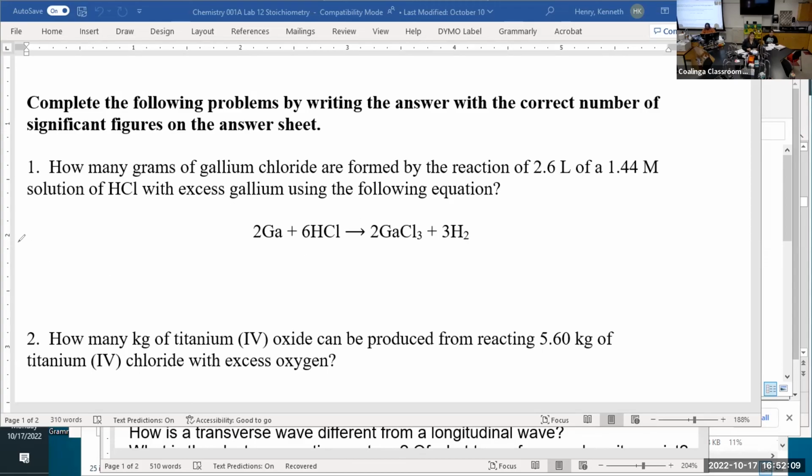So if I have 2.6 liters, and you just told me that molarity means moles per liter, then I can put 1.44 moles per 1 liter of HCl.